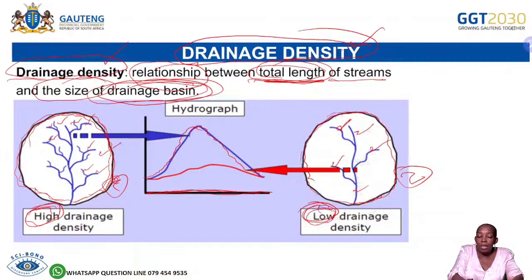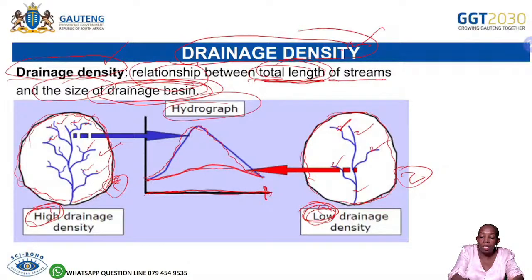So if we look at the representation of the low drainage density in this graph, the hydrograph, which is the graph showing the total length of all the streams within a drainage basin, we can see that there are fewer streams, but the area is the same.